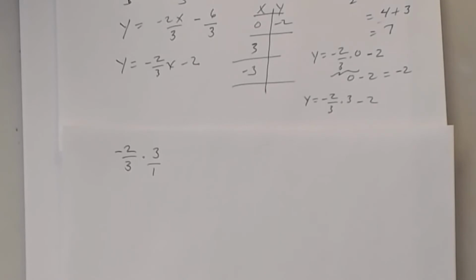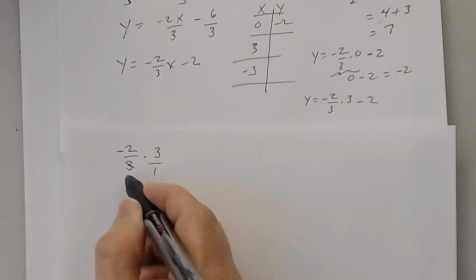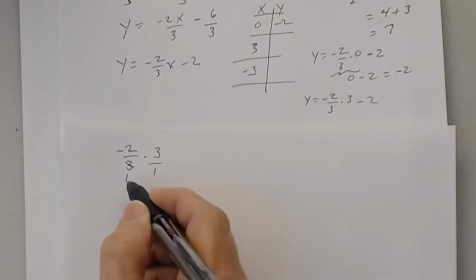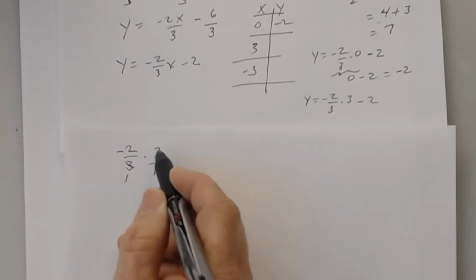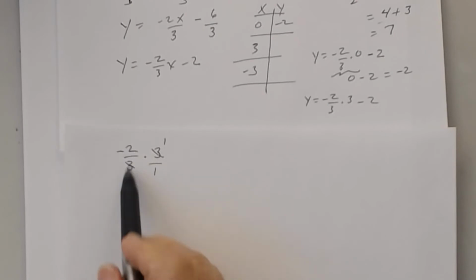Now the whole purpose of multiplying by a number divisible by 3 was so that this denominator becomes a 1. So let's reduce. 3 into 3 is 1. 3 into 3 is 1. And so this fraction, when I reduced, is now what fraction that I'm pointing to? This is 1.